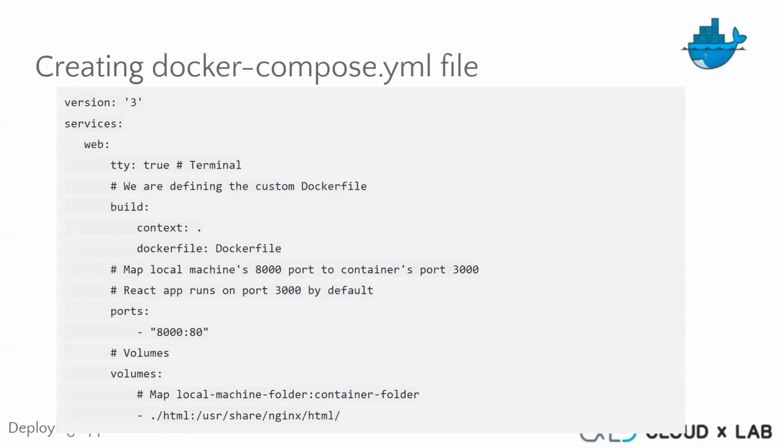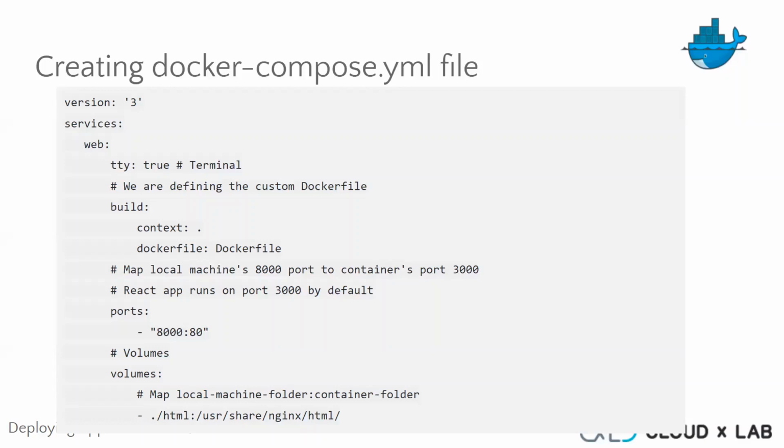Since the Docker Compose file is inside the project folder, we set context to the current directory. Next comes dockerfile, the path to the Dockerfile of the project. Since it is present in the current directory, we just mention the name Dockerfile.